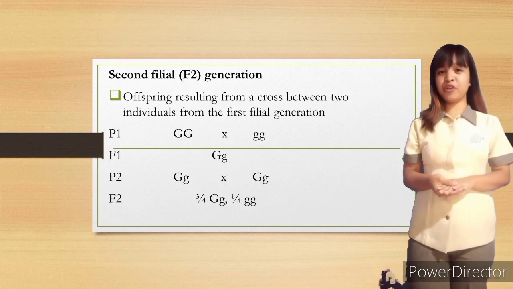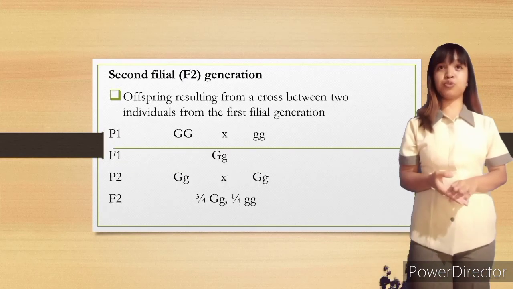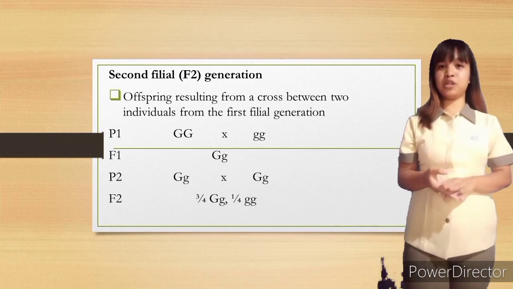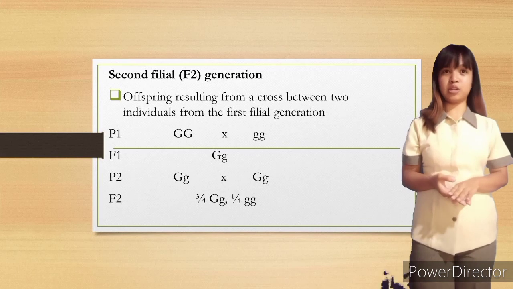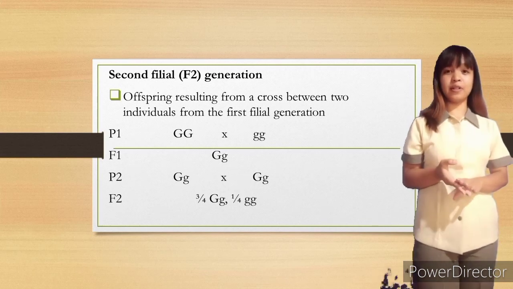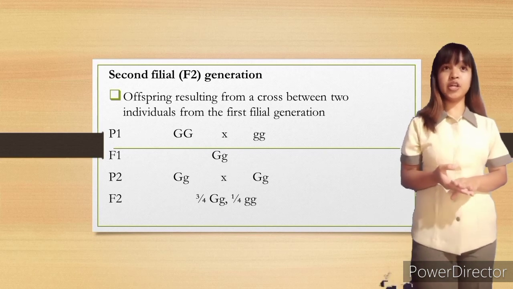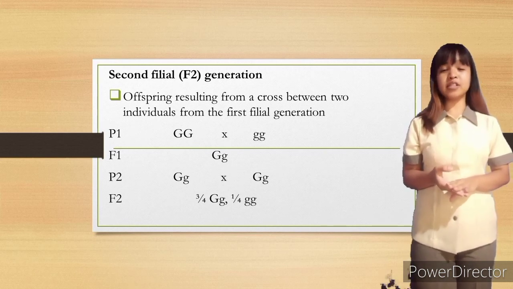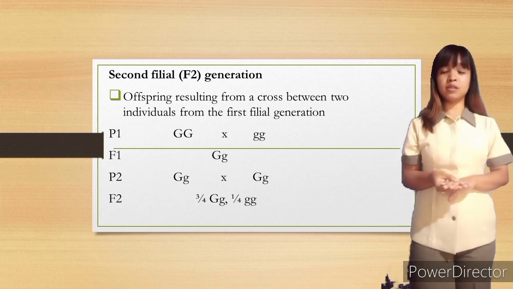When 2 first filial generation are crossed together, the offspring is called the second filial generation or the F2 generation. From this example, we can see that the parental is capital G, small letter g, small letter g. Thus, the F1 is capital letter G and small letter g.